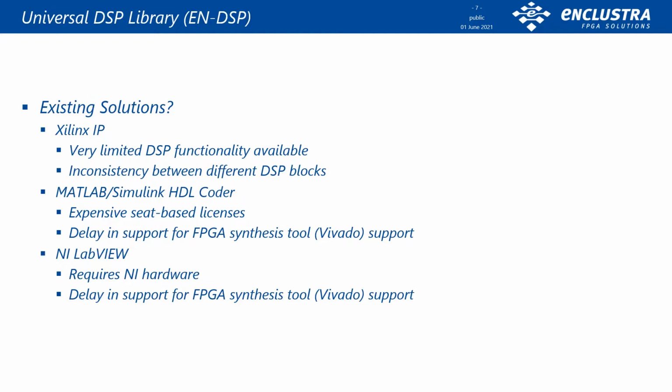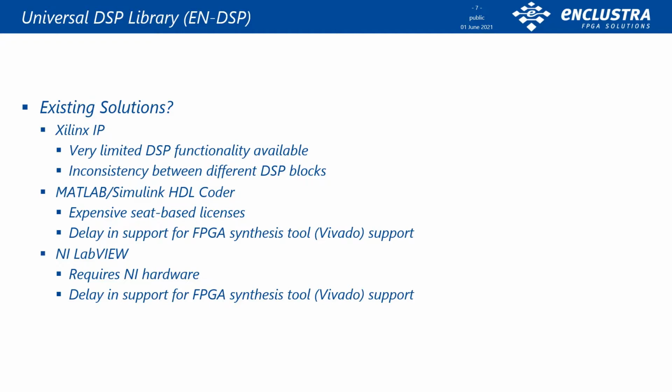Obviously, we are not the first to recognize this opportunity. A lot of large companies are already going down the route of graphical development. For example, Xilinx already offers a lot of IP cores that can be used in their IP Integrator, so this would be the most obvious solution.